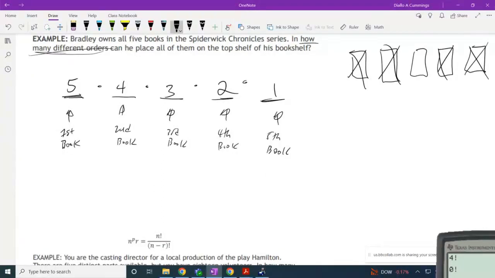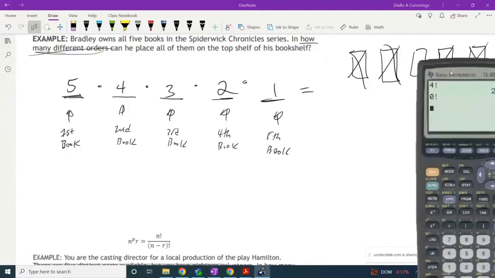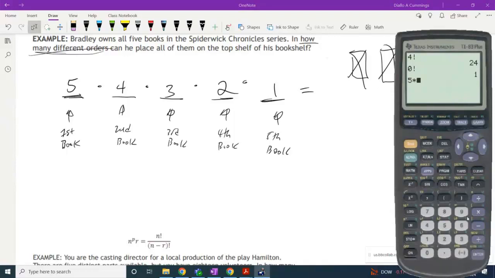So the concept illustrates the fundamental principle of counting on top of the factorial. If I multiply all these together, 5 times 4 times 3 times 2 times 1, I get 120.